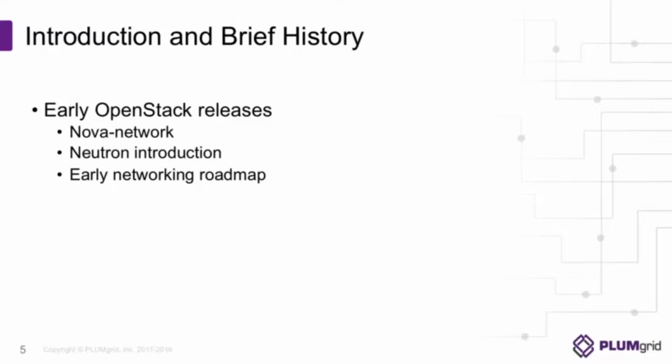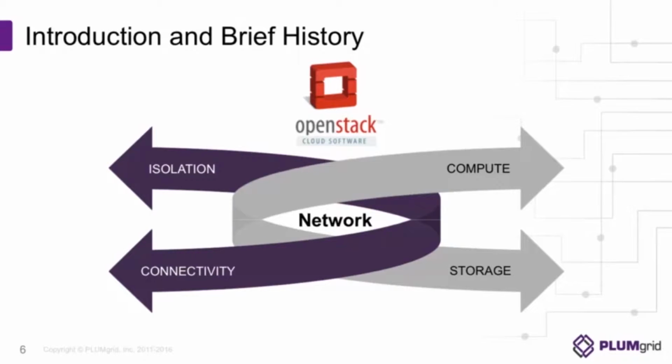So with that said, networking in general plays a critical role as it's tasked to deliver both isolation and connectivity at the same time of all the elements that comprise OpenStack.